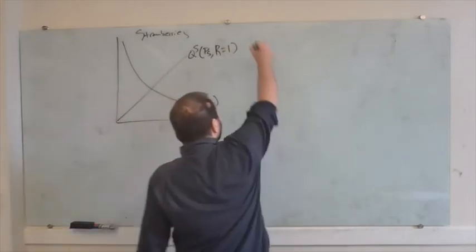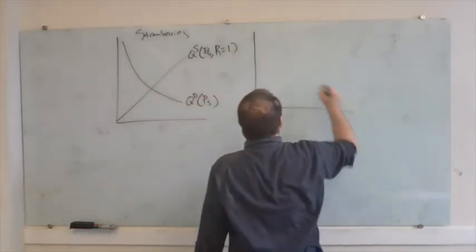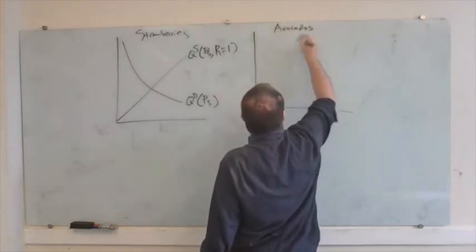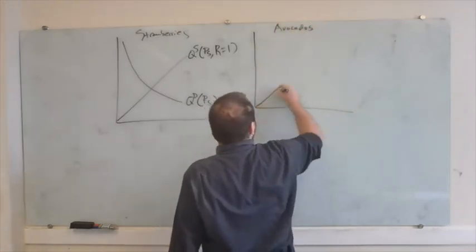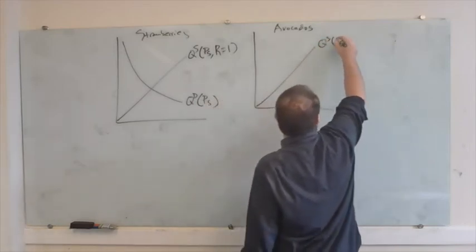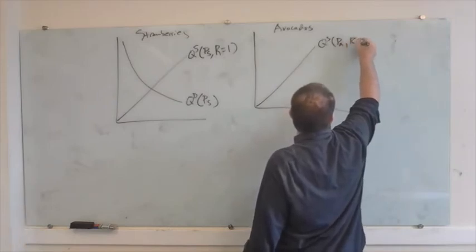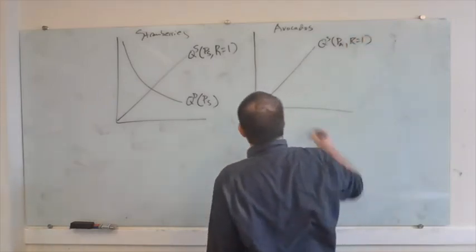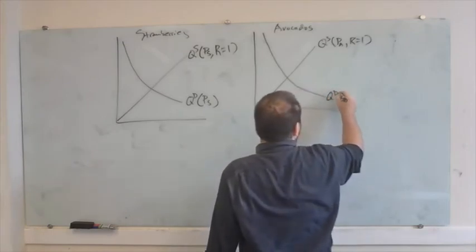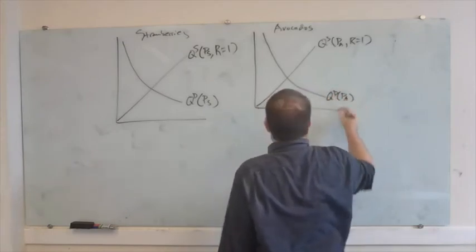We've got an avocado market, same deal. We've got some supply of avocados that depends on the price of avocados and the rental rate of land, which we'll say is 1 for now. And we've got demand for avocados that just depends on the price of avocados.